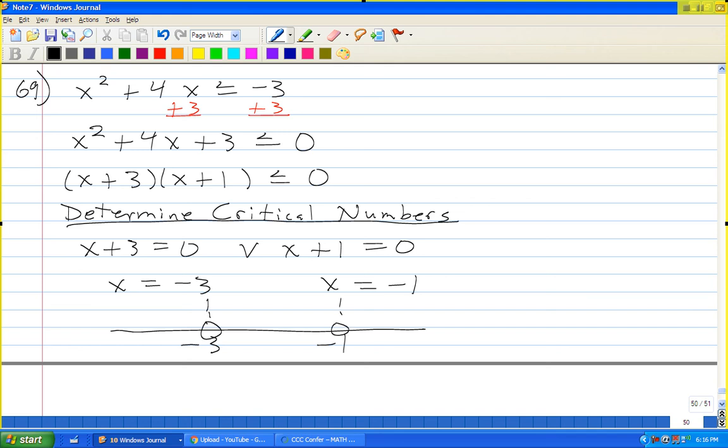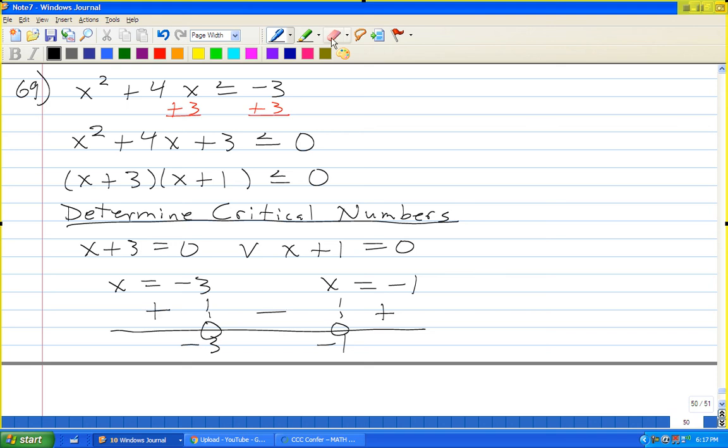Take a number greater than negative 1, let's say 0. So this is going to be positive. And so, since each of the critical numbers are simple roots, they have multiplicity 1, which is odd multiplicity, so everything alternates. So plus, minus, plus.